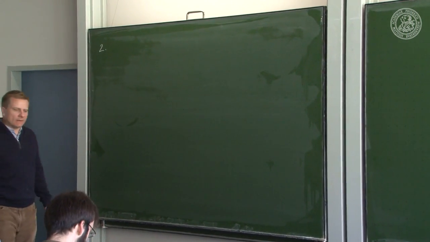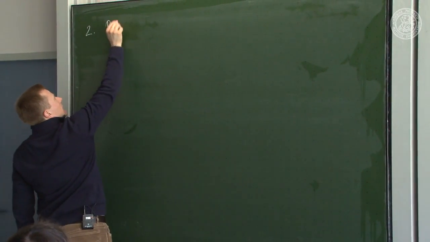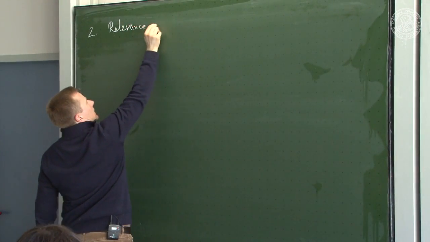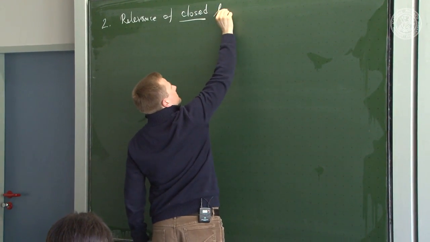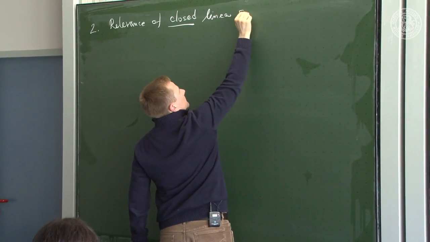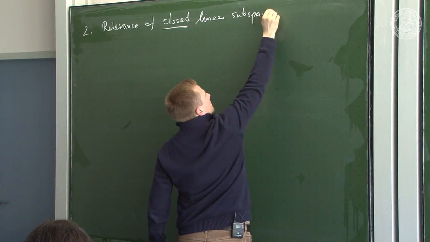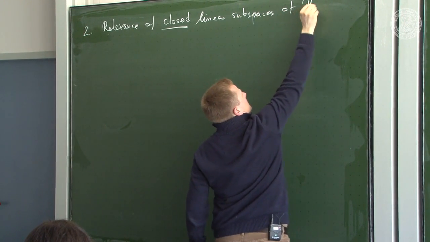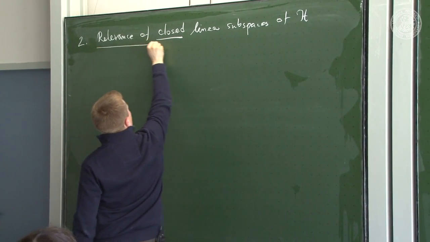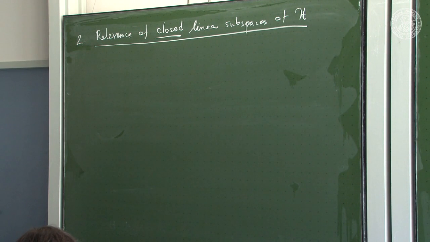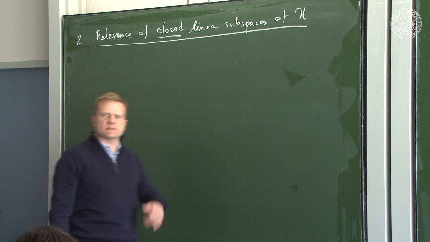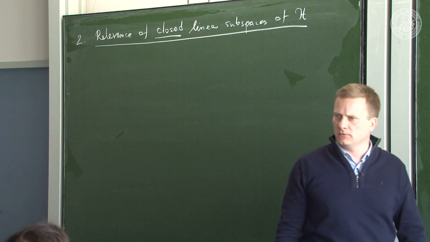Okay, so now we look at the relevance of closed linear subspaces of a Hilbert space H. Now, our theorems will very often say something about this set is closed and there's the closure of this set and so on.